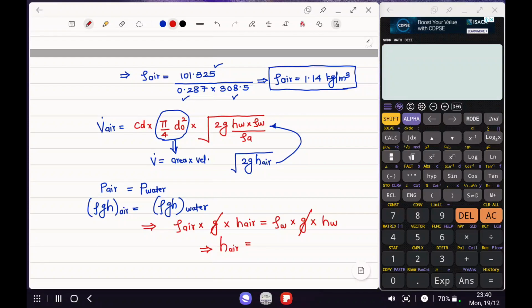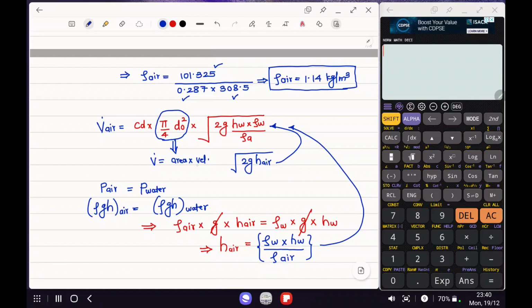So if we simply rearrange the terms, what do we get here? That rho W as it is multiplied by HW as it is divided by rho of air. So if you observe, this is the same formula which is present in this bracket, HW rho W upon rho of air.